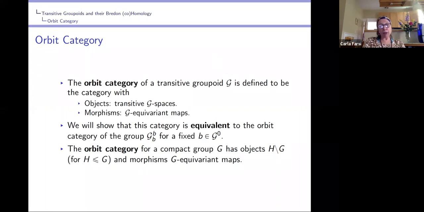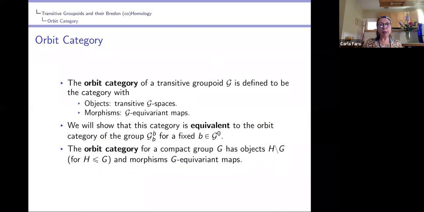Well, we know that an orbit is G over the stabilizer of G at a point, so G over G_x. And so that's what an orbit is, in this case, a transitive orbit of a group action.